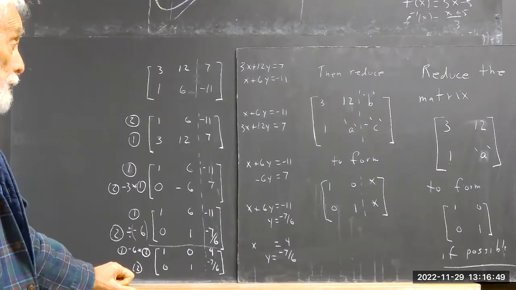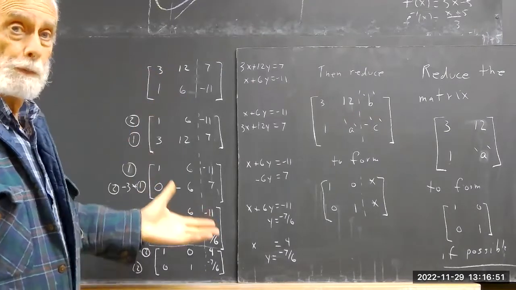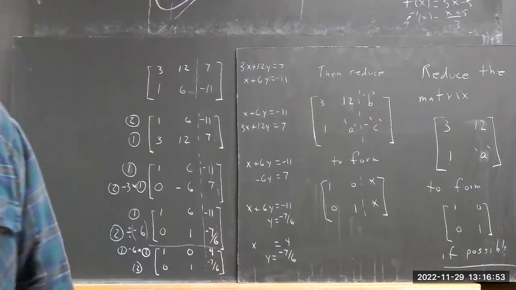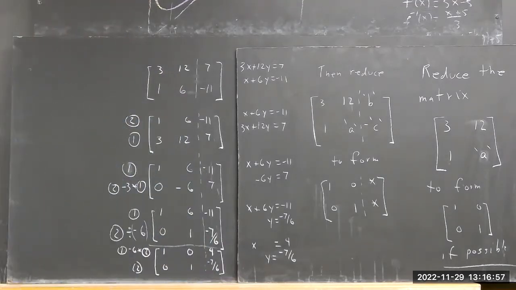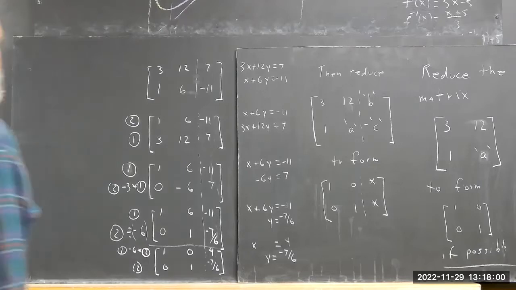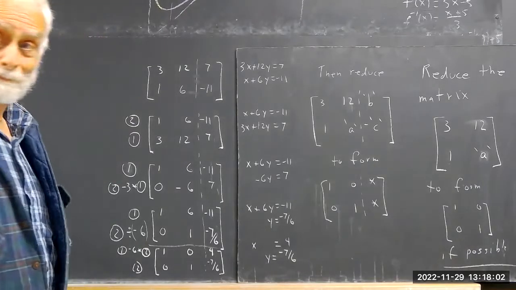But apparently there was a mistake. I've got to go back. And at this point, I probably want to go back and do it from scratch. Uh-oh. I'm going to get corrected. Okay. Well, it looks like I was careless.